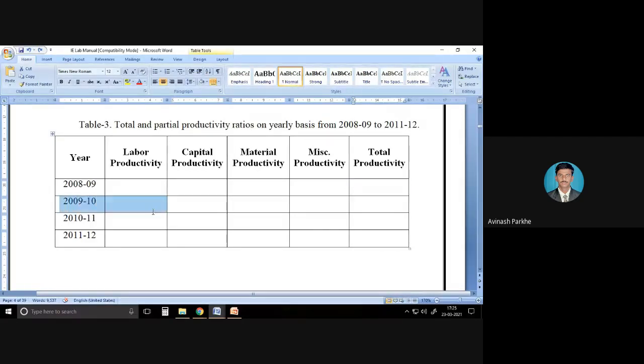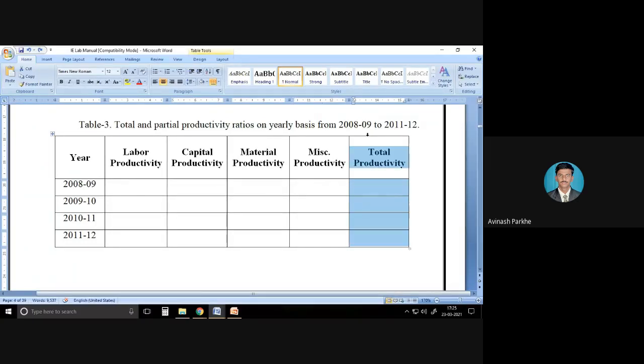Similarly, for 2009 to 10, again the formula for the partial productivity: total output upon labor input, then total output upon capital input, then third, total output upon material input, fourth, total output upon miscellaneous input, and last, total output upon total input.